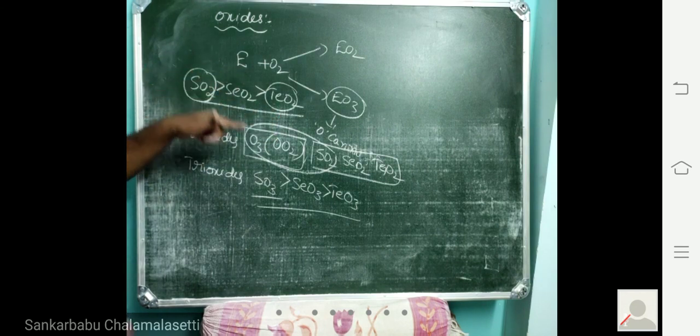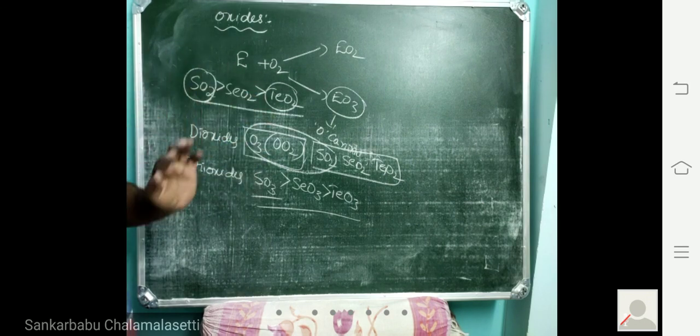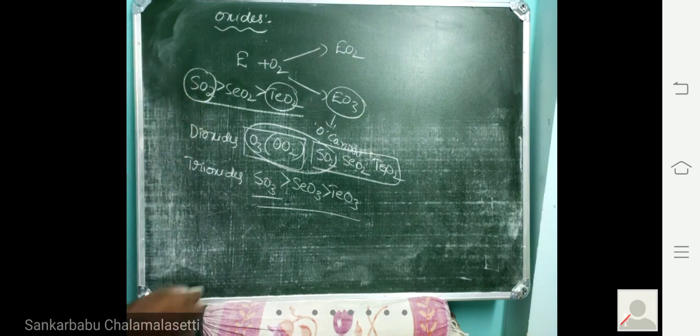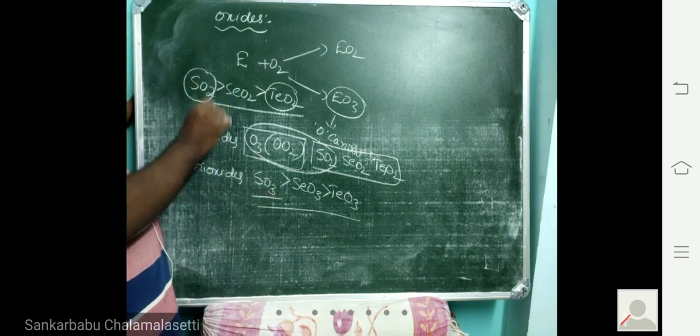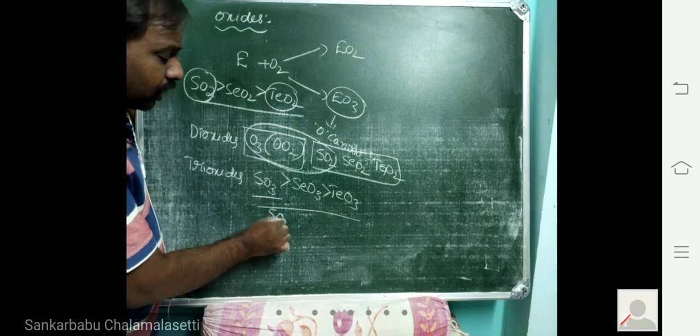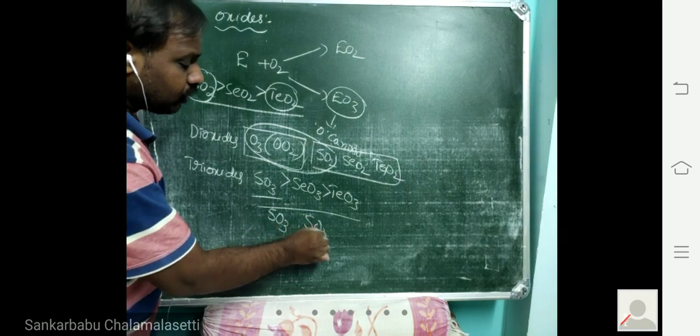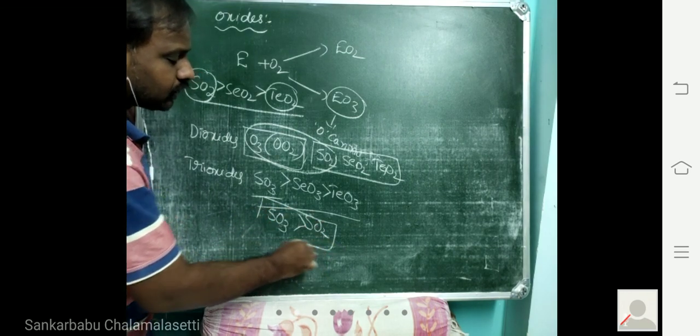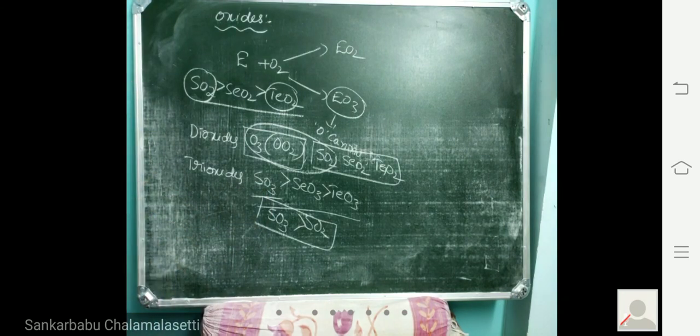Both dioxides and trioxides have acidic property, and the acidic strength is more for trioxide when compared to dioxide. So when compared to SO2, SO3 is more acidic. That is about the nature of oxides.